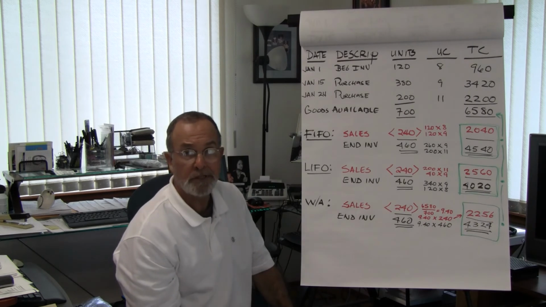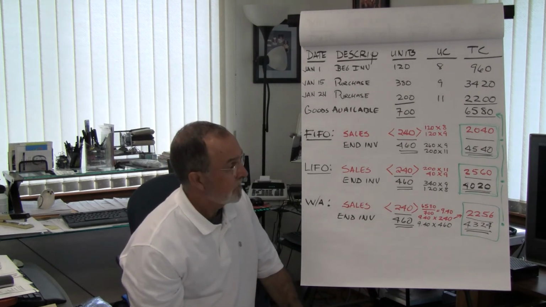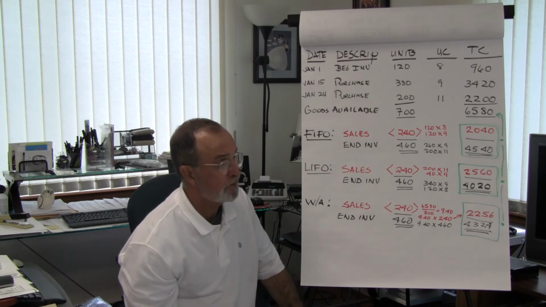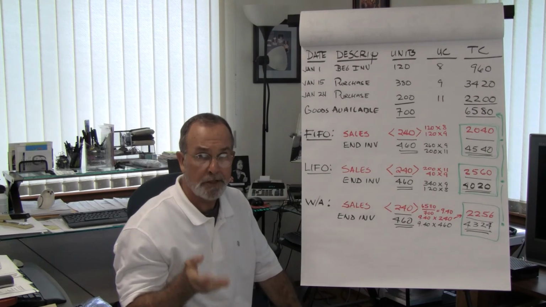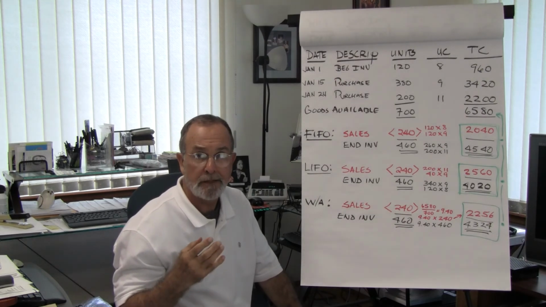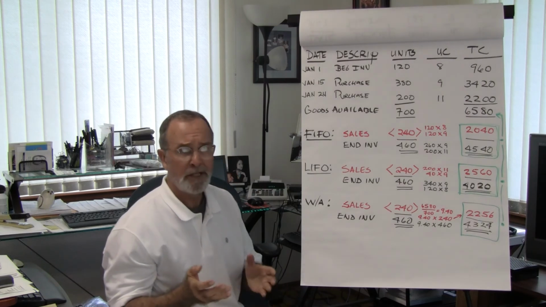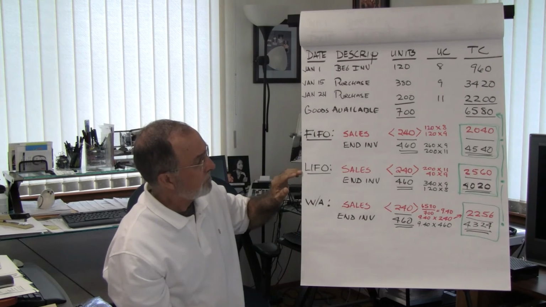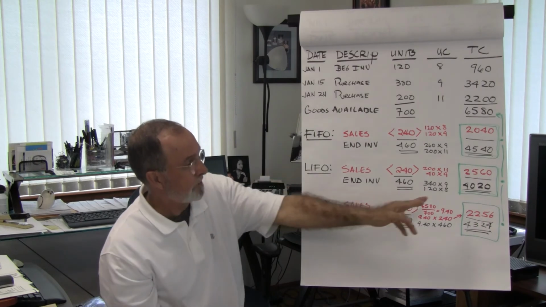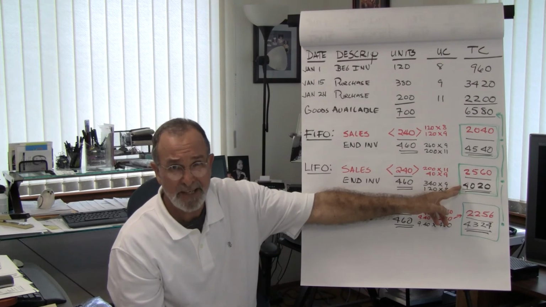Now, a lot of companies like to be in a compromise position with respect to the amount of net income they show on their income statement and the amount of taxes they pay, because it can work in both directions. If you're using LIFO during inflationary times, you're going to have lower net income and thus pay less taxes.